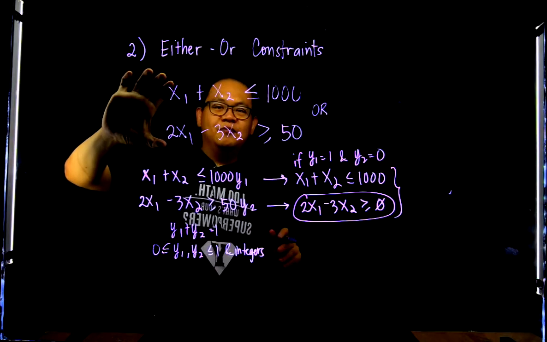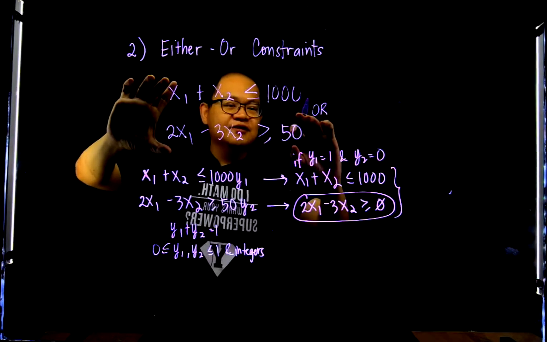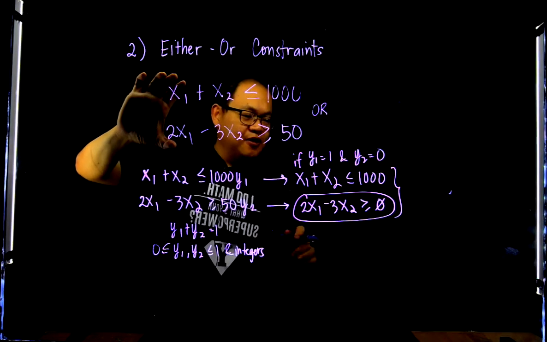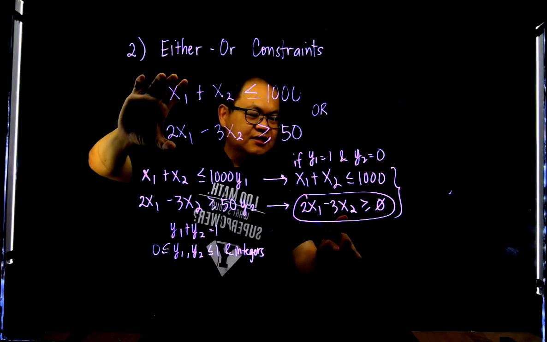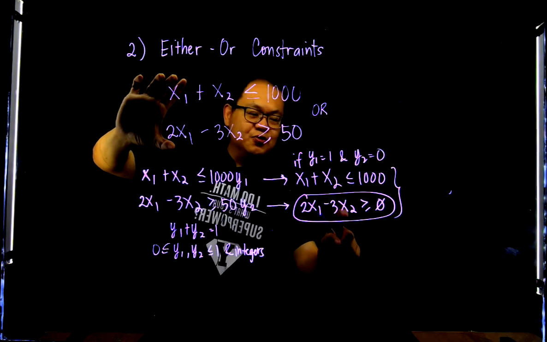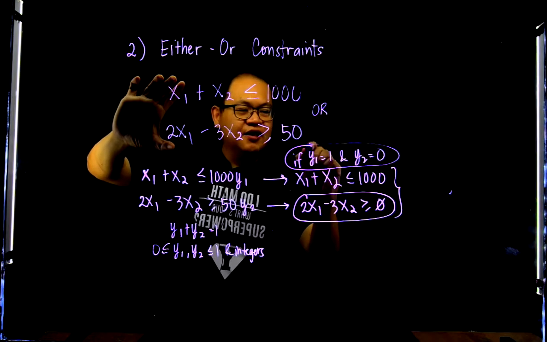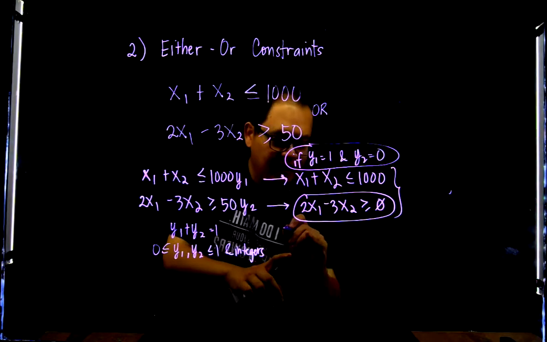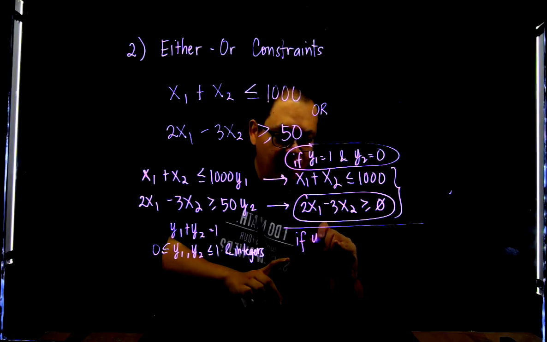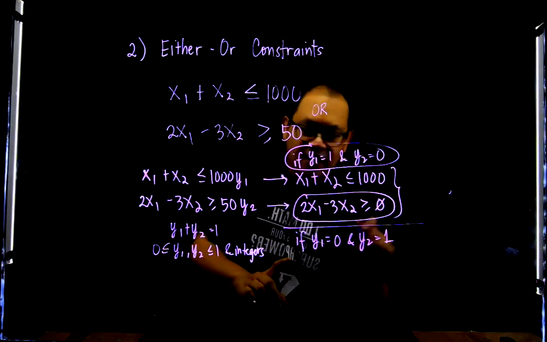Where in the original problem, where you have this first constraint or the second constraint, where in the original problem is this? It's not existent. In fact, you just added this new constraint because of this assumption. If you want to continue, then if y1 is equal to 0, and y2 equals 1, then what do you have?